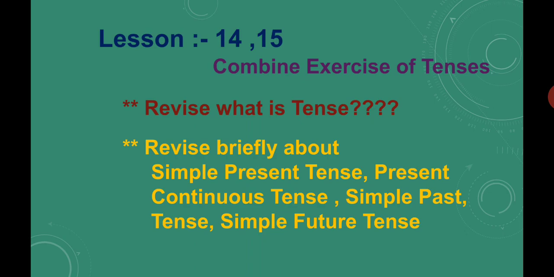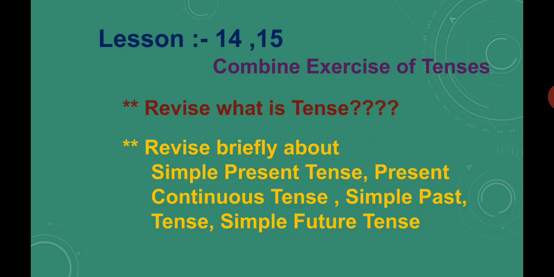Together we revise the rules of these four tenses, the form of the verbs of particular tenses, and then we will also see how we form a sentence for the particular tense.